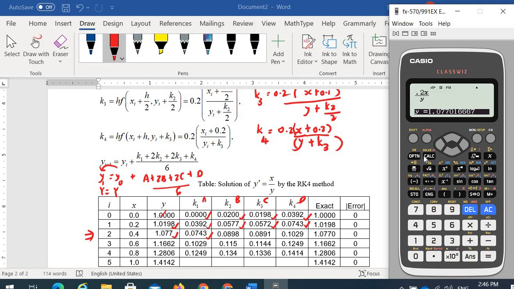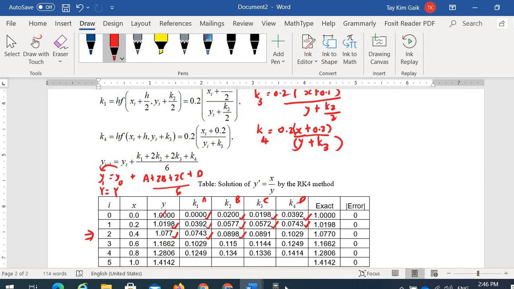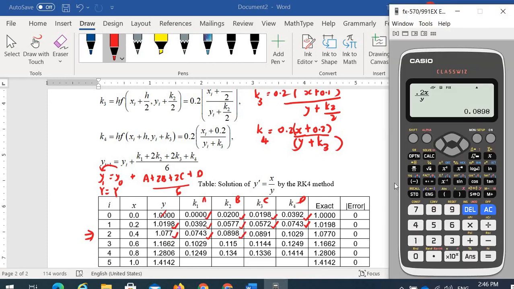So 1.077 plus K1 here, this K1 0.0743 divided by 2. You get 0.0898.